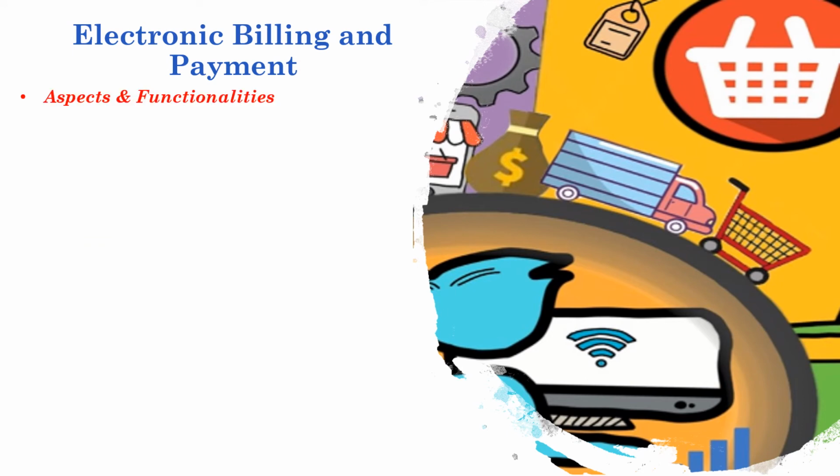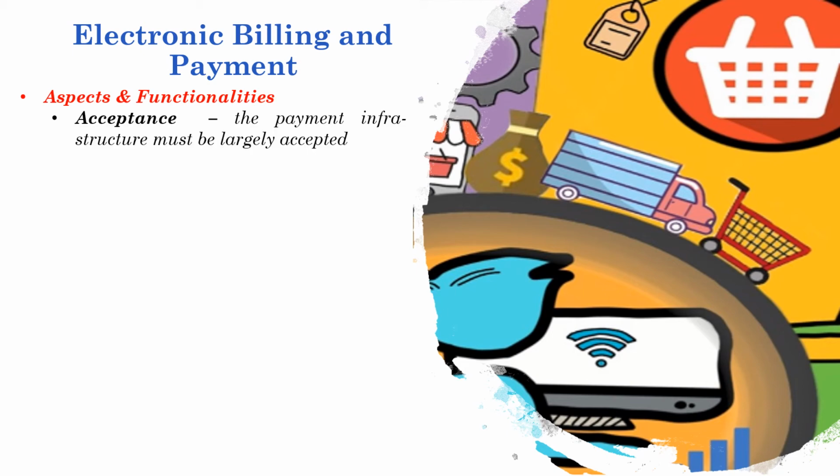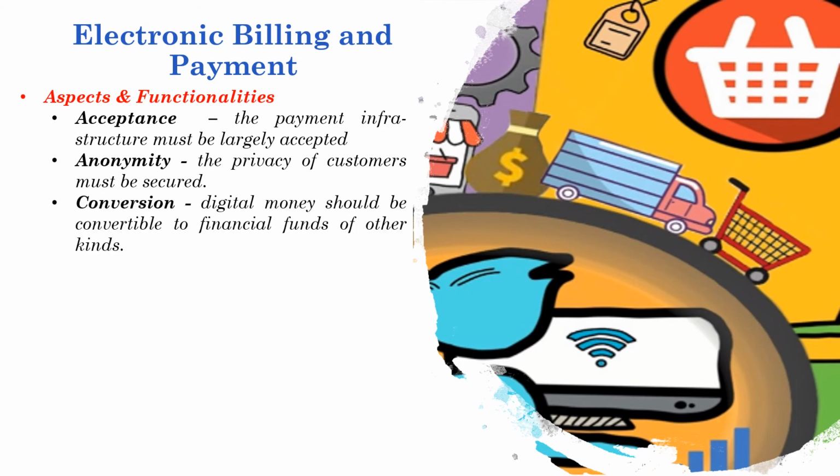What are the aspects and functionalities of electronic billing and payments? The acceptance: to be successful, the payment infrastructure must be largely accepted. Anonymity: the privacy of the consumers must be secured. We have the conversion, wherein digital money should be convertible to financial funds of other kinds.